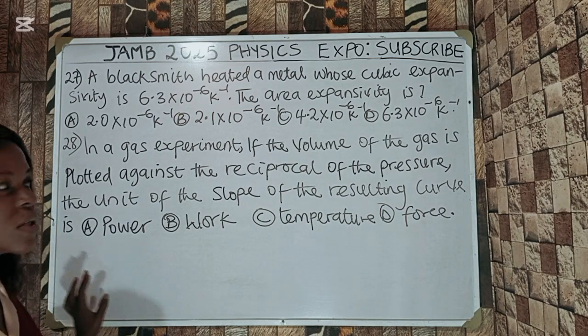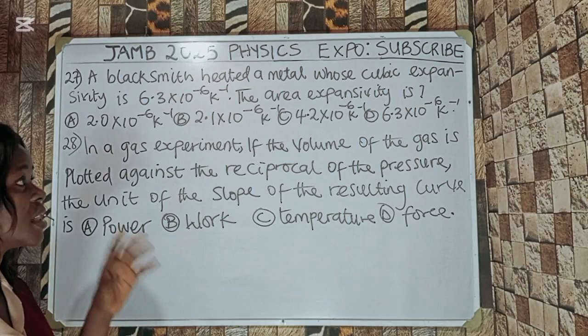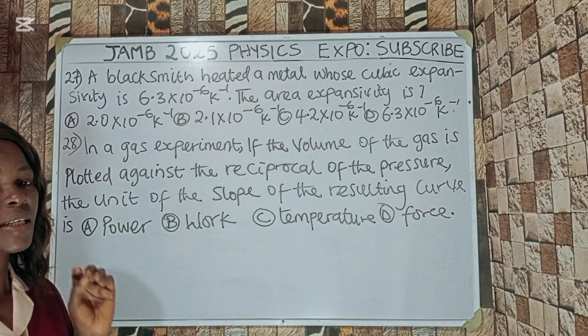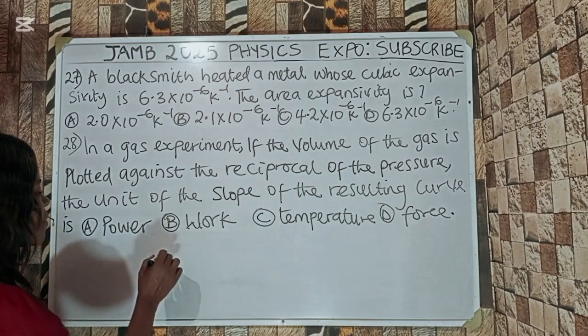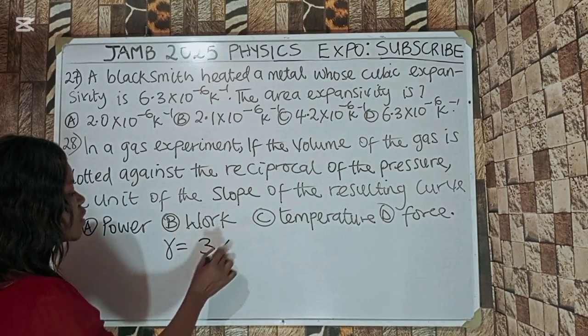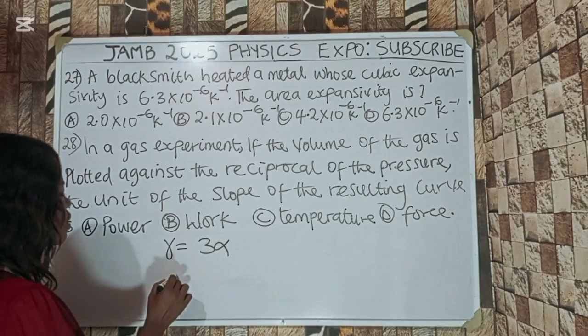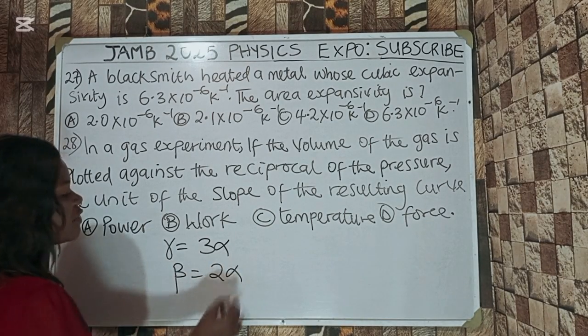Now, coming to this question, something that will come to your mind is this. There's a relationship connecting the cubic expansivity and the area expansivity. So let's look at it. If you remember that gamma, which is the cubic expansivity, is equal to 3 alpha. And also remember that beta is equal to 2 alpha, right?